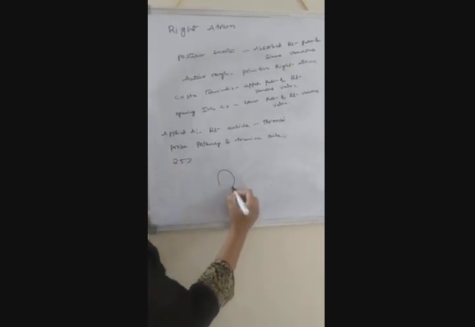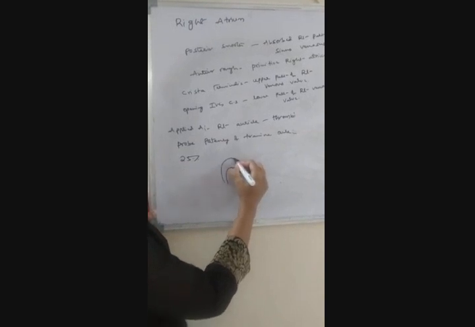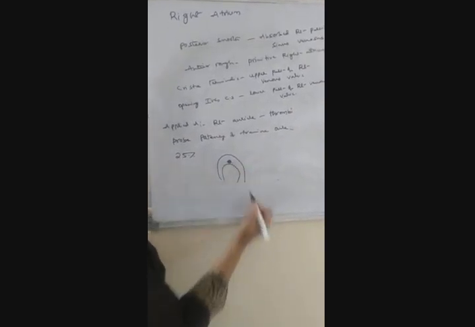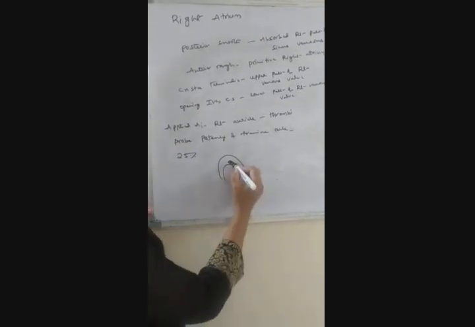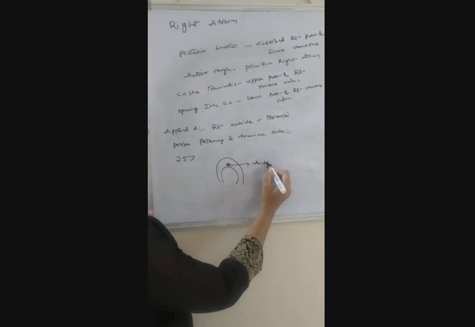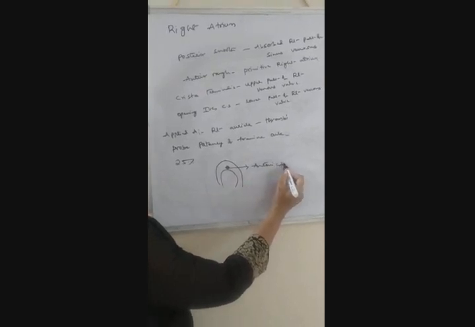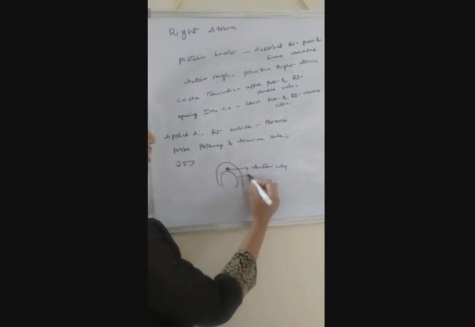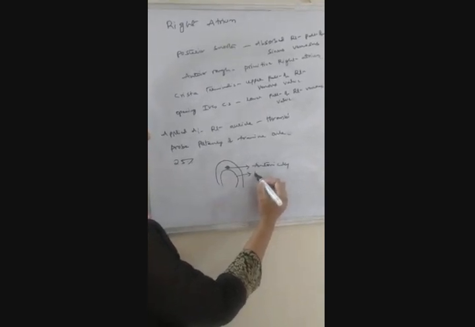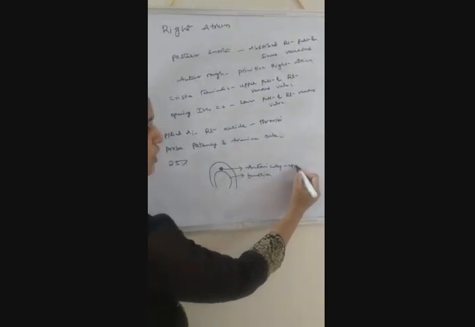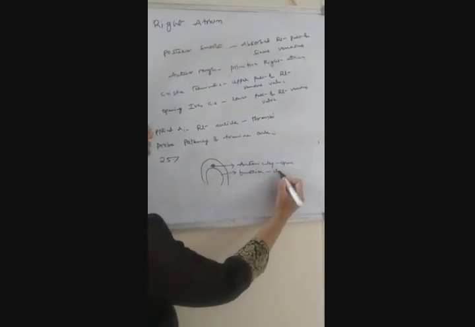Above the fossa ovalis, between this limbus fossa ovalis, will have an opening. Anatomically it is open, and functionally it is closed.